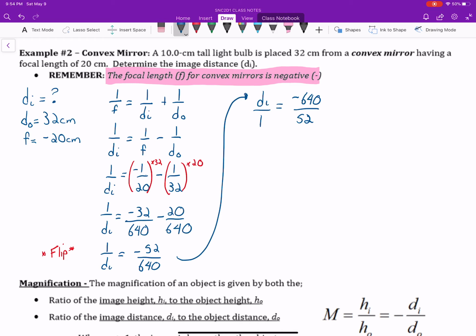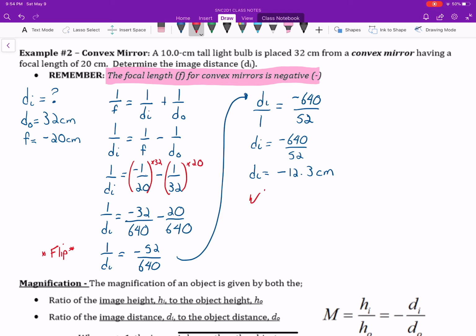The negative sign can always stay in the numerator. Now, di divided by 1 is itself, so di is equal to negative 640 divided by 52, and di is therefore negative 12.3 centimeters.